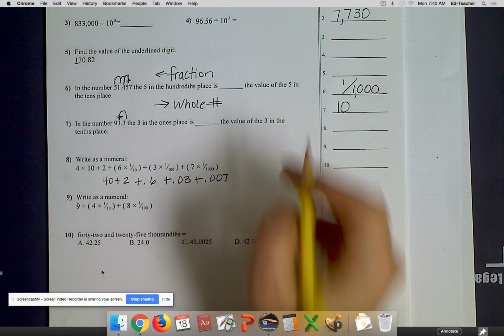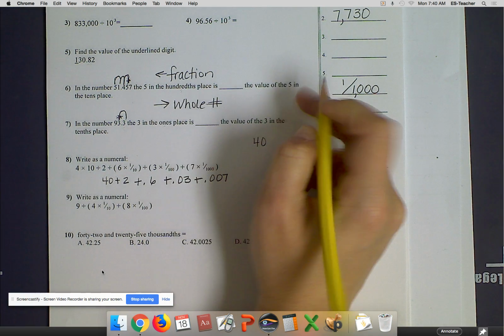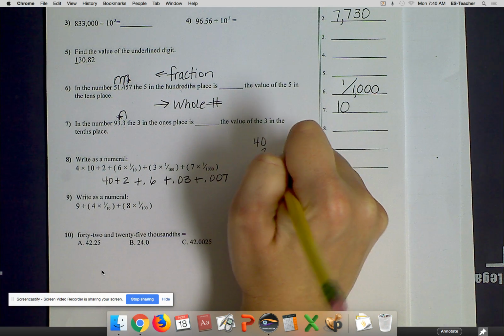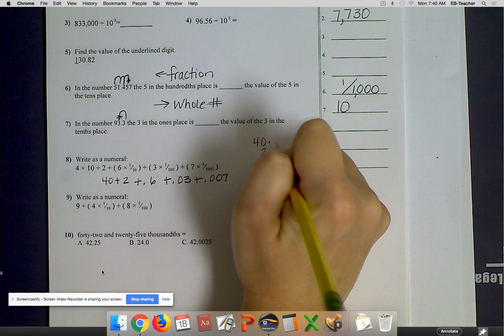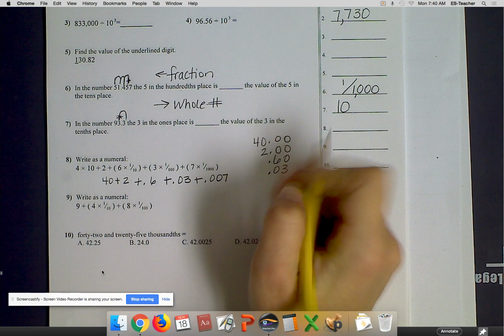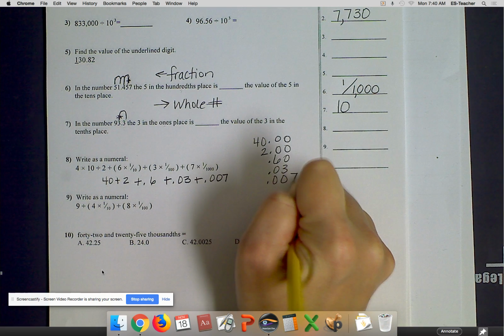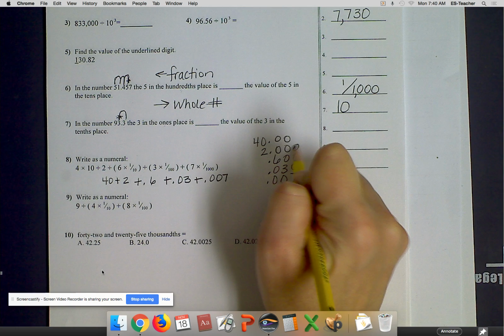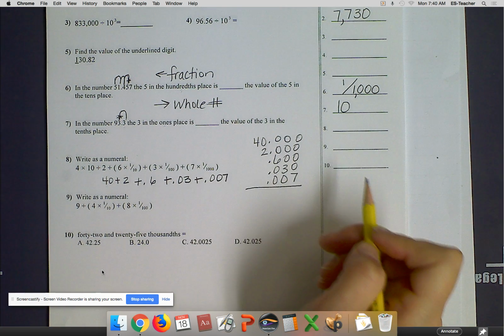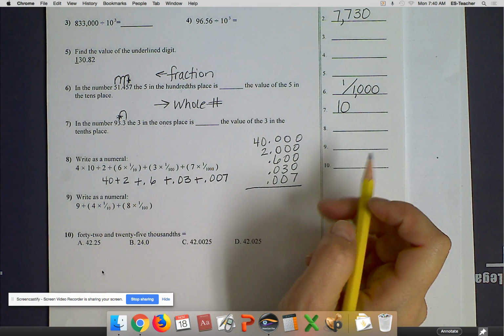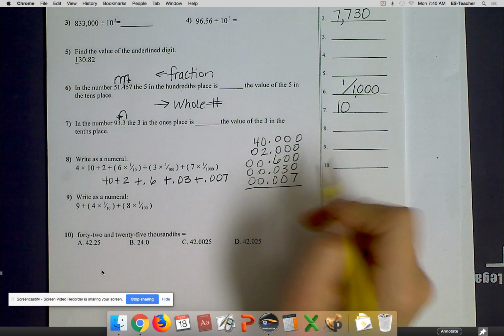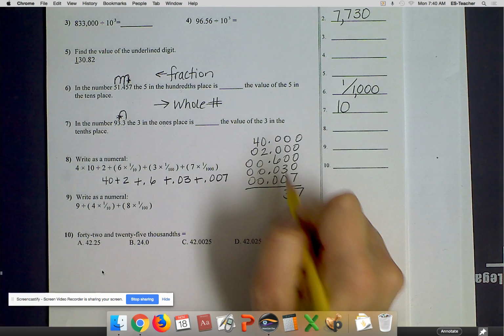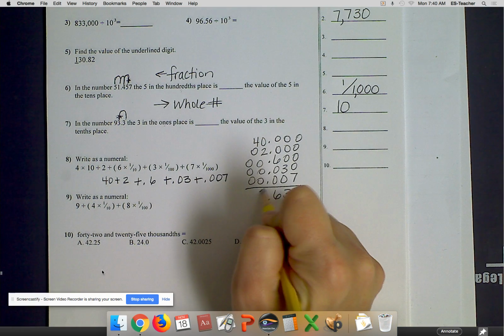So if I add these all up, I have 42, 6/10, 3/100, and 7/1000. So I just put zeros in there as placeholders, okay? And you can put them all here, here, here, here. So that's 7, 3, 6, 2, and 4.